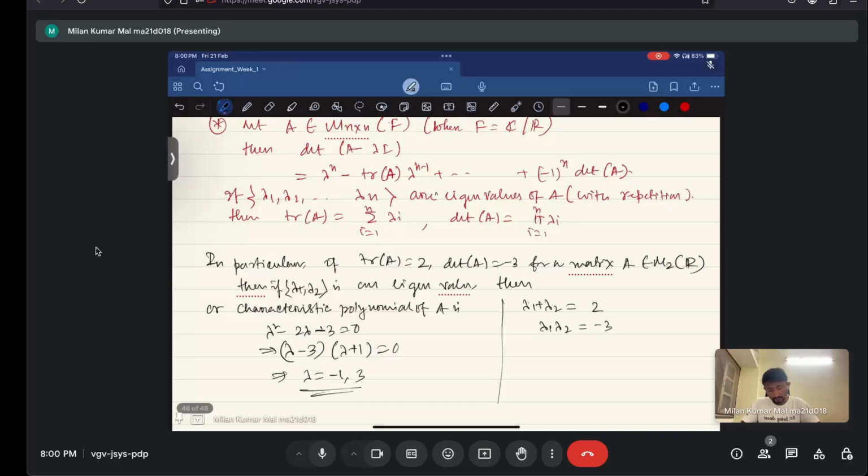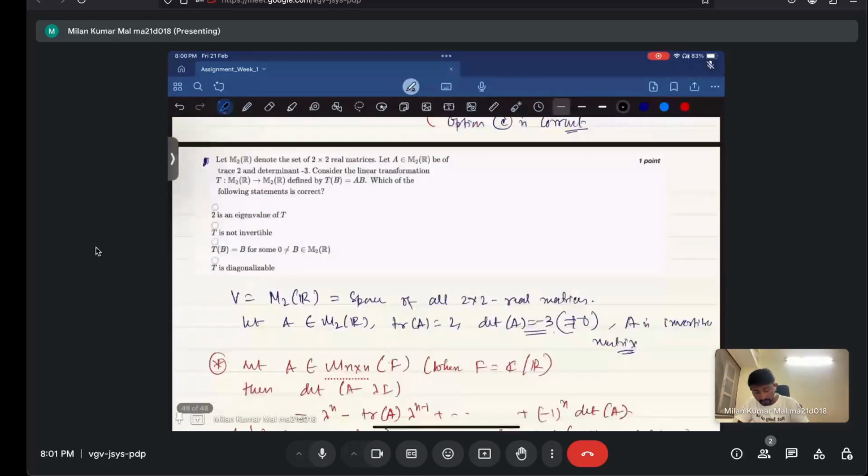So let's go ahead for diagonalization. For diagonalization we'll recall something called a diagonalizable linear operator or matrix, whatever.